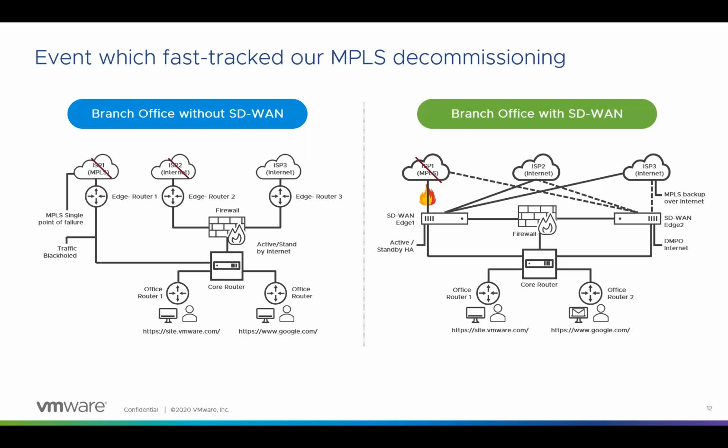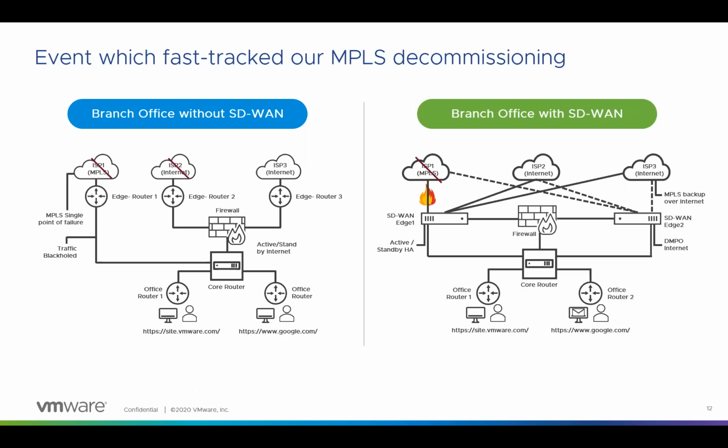Thank you, Nick. I just want to add one more thing to what Nick said. Not only did it reinforce our decision, it helped us put the standard in place. For any site where we go live with SD-WAN, specifically tier 2 sites, we have started decommissioning the MPLS and made it a standard. We wait for 3 months, and after 3 months the MPLS is disconnected on the tier 2 sites.